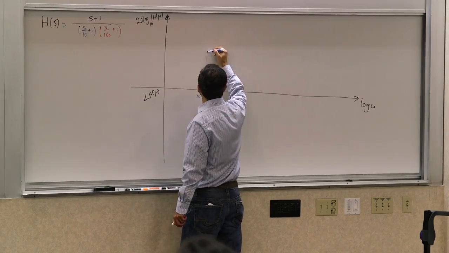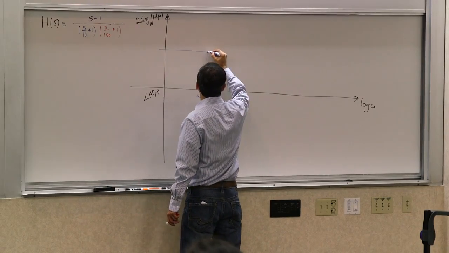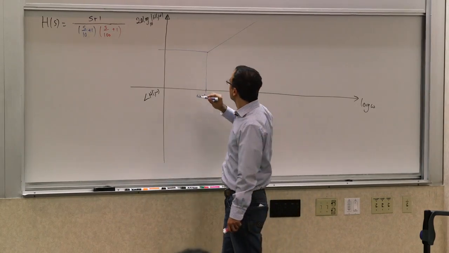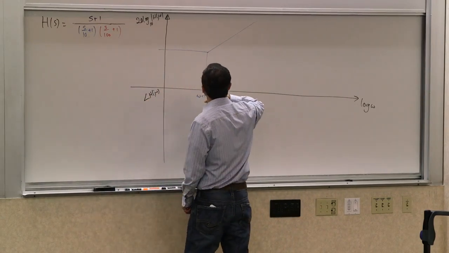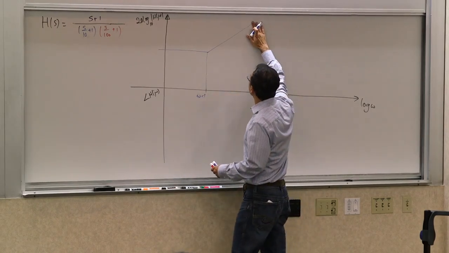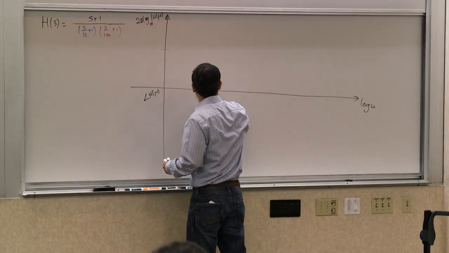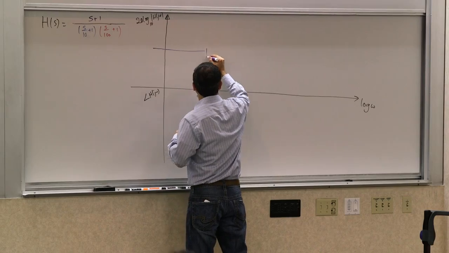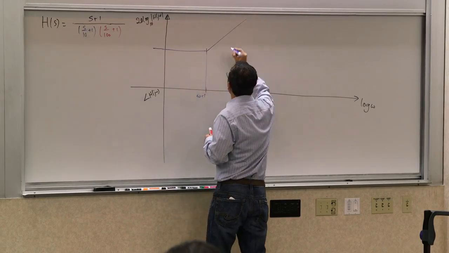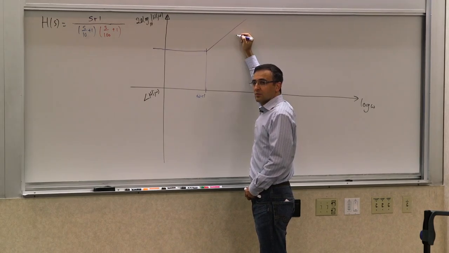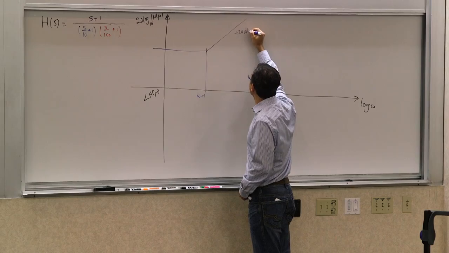At this point, you have something that basically comes in and goes up. So these are the two asymptotes, right? That's what we had here. Except for the fact that I used the wrong color. And what is the slope? Plus 20 dB per decade.